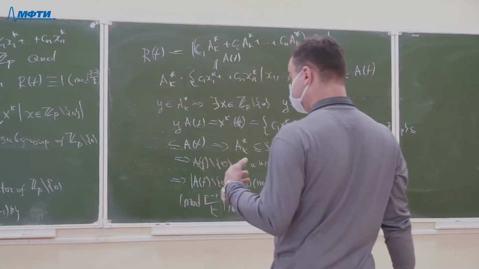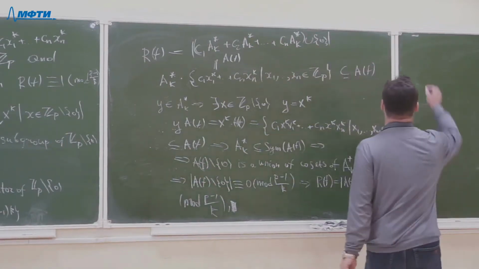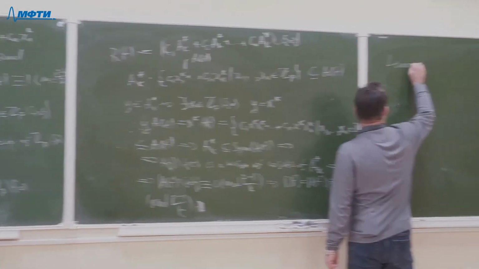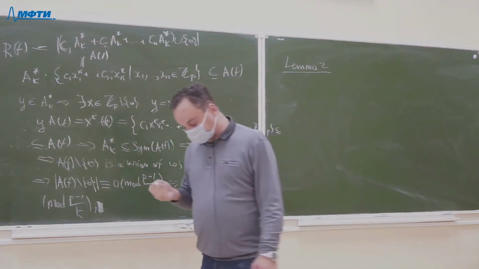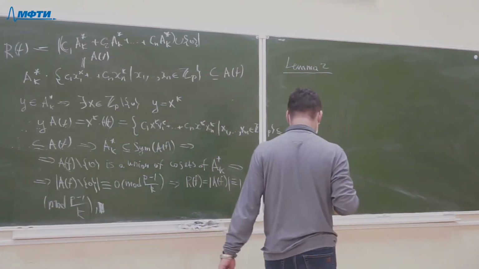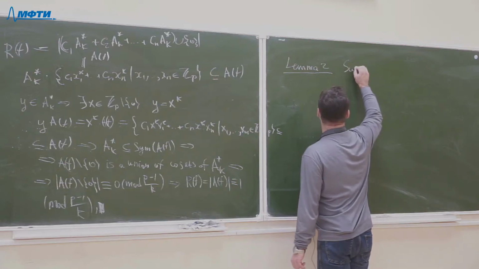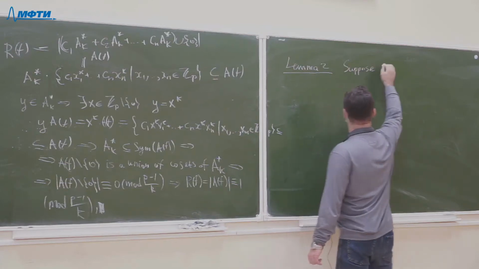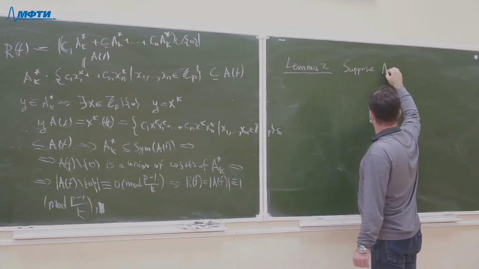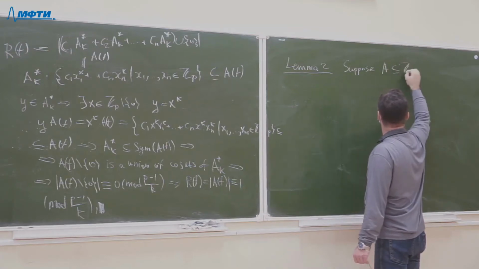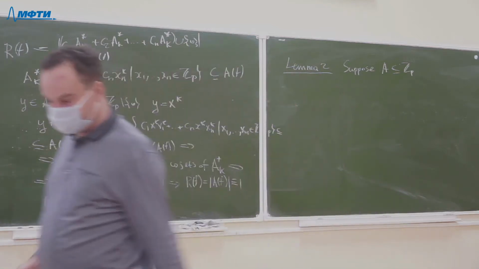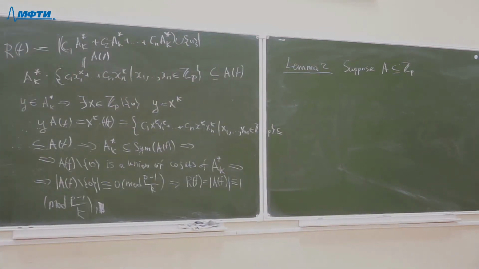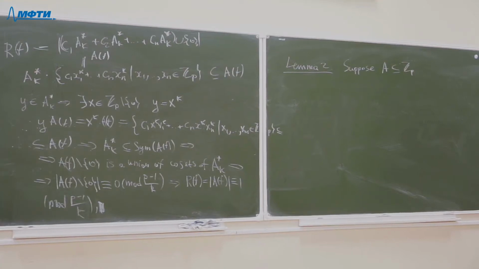Okay, lemma 2. Suppose A is a subset of ZP, or ZP star. I don't quite remember that.